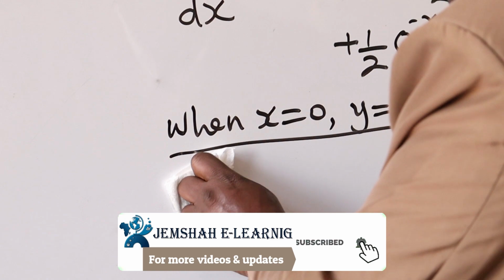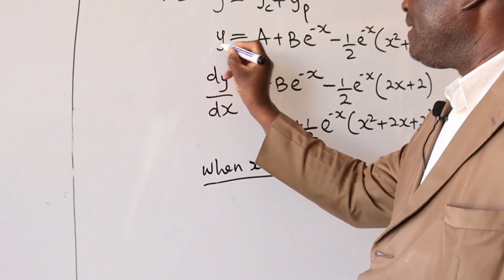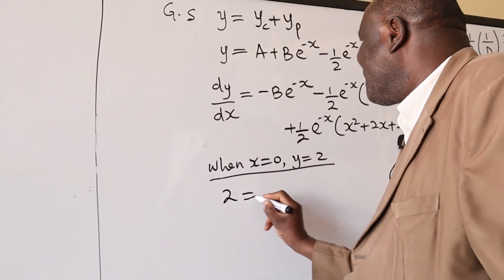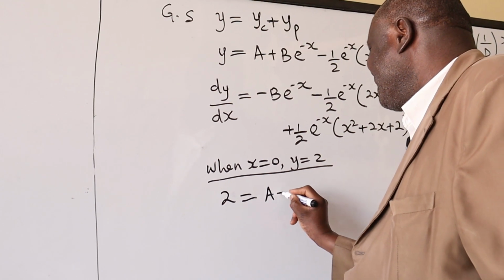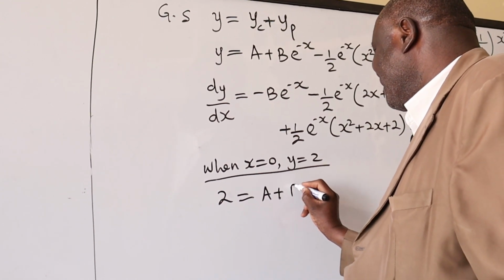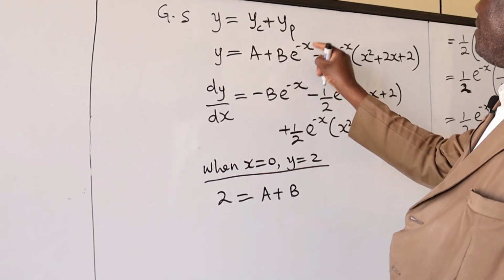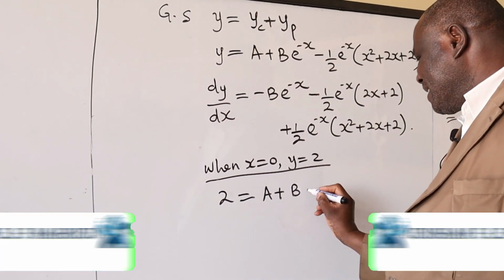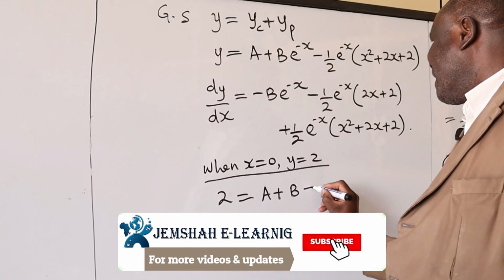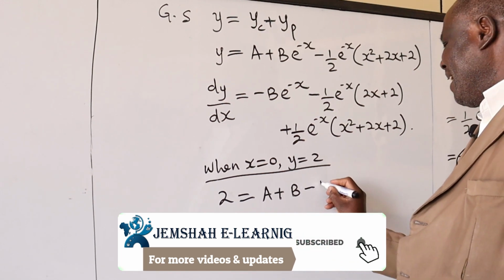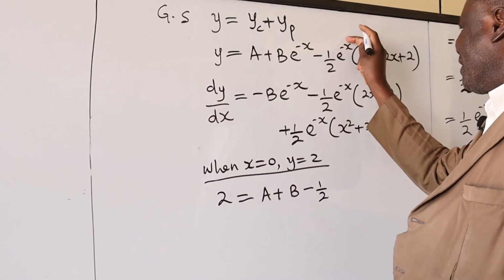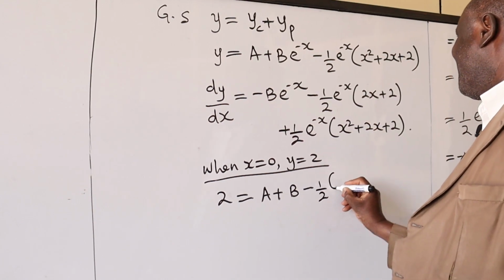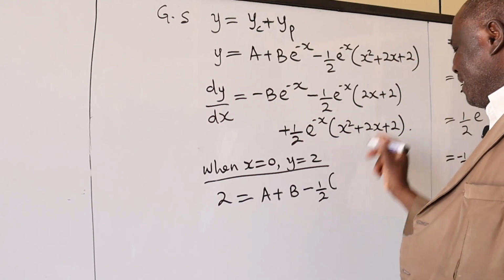That's why 2 is equal to a plus b e power 0, e power 0 is 1, that is now minus a half, x is 0 into 0, 0, then 2.